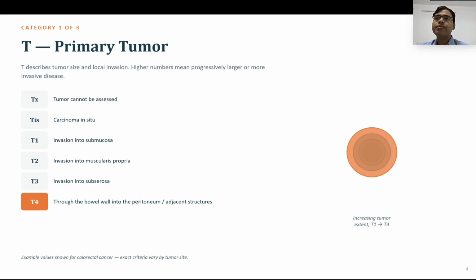So that is TX. It is not only confined to head and neck cancers. Sometimes it even happens in case of a spread to the liver or the lung or the bone, where we know that we have nodal metastasis, we have distant metastasis, but we really don't know where the tumor is and it cannot be quantified.